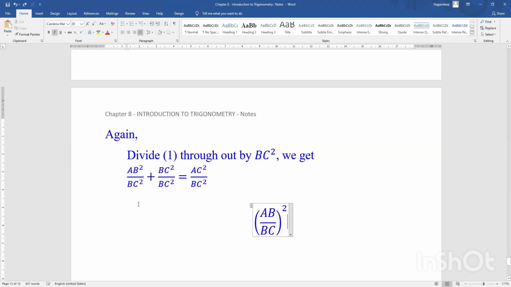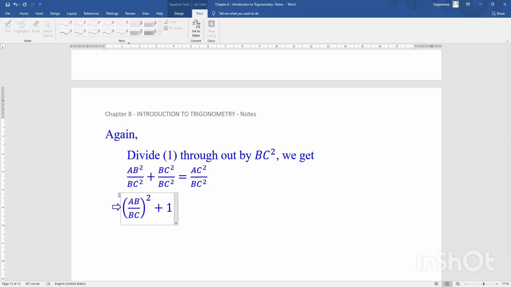So let us write that: AB by BC the whole square plus 1, because BC square and BC square get cancelled, equals AC by BC the whole square.